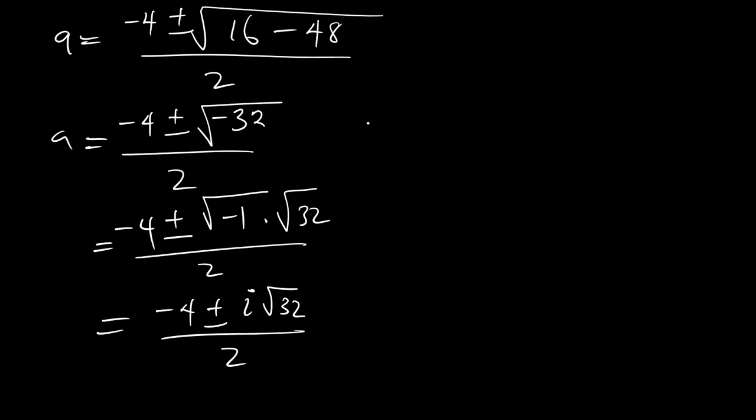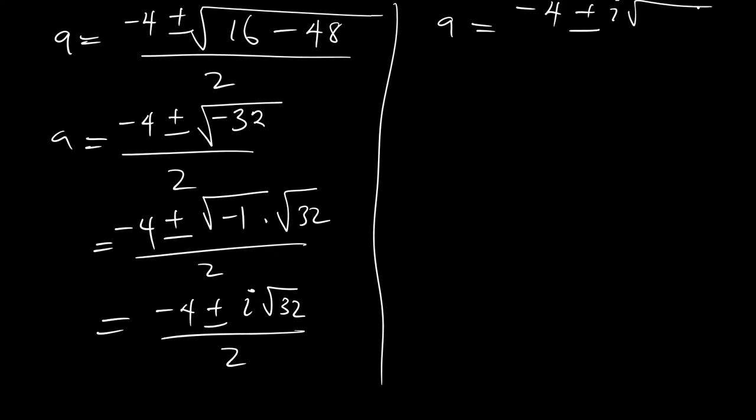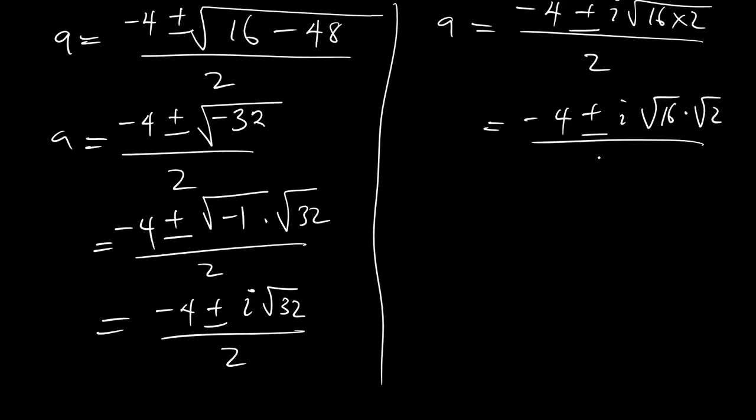So this is a complex number. We have a equal to minus 4 plus or minus i square root of 16 times 2, divided by 2, which is minus 4 plus or minus i square root of 16 times square root of 2, divided by 2.